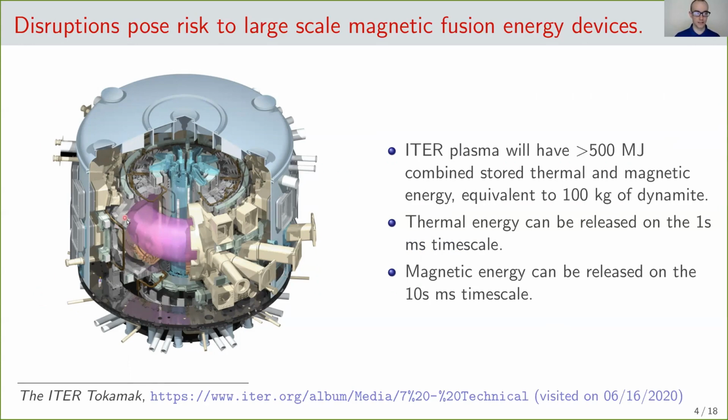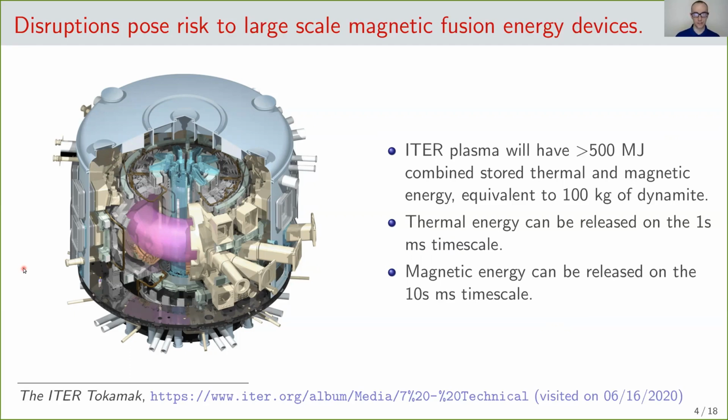The Tokamak has this characteristic donut shape, and as we are moving to larger Tokamak experiments, there is going to be more and more stored thermal and magnetic energy during the plasma discharge. For example, ITER, which is being built in France, is expected to have more than 500 megajoules of stored energy during the discharge, and this is equivalent to 100 kilograms of dynamite.